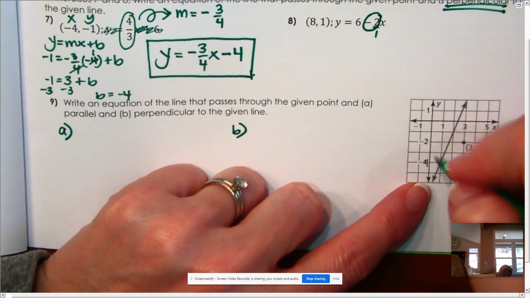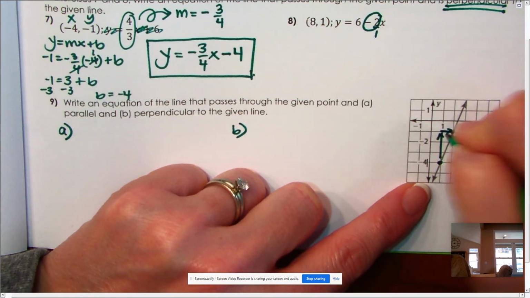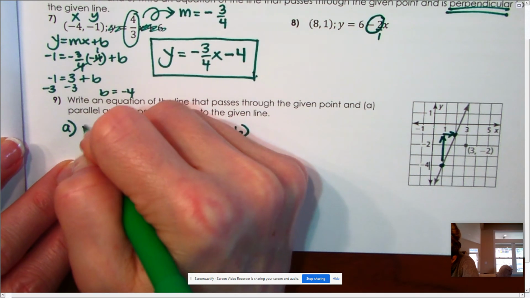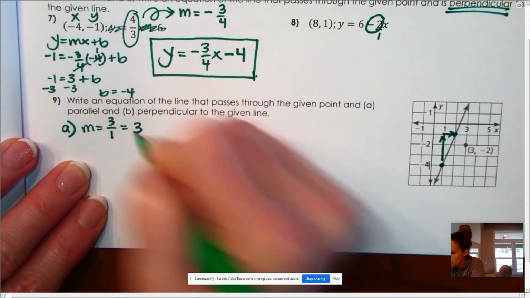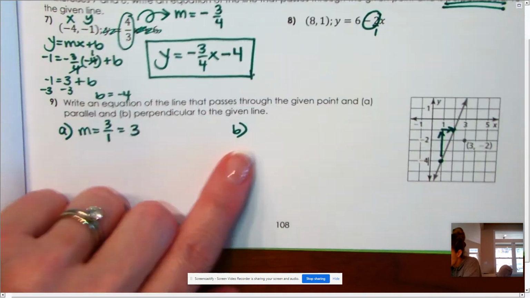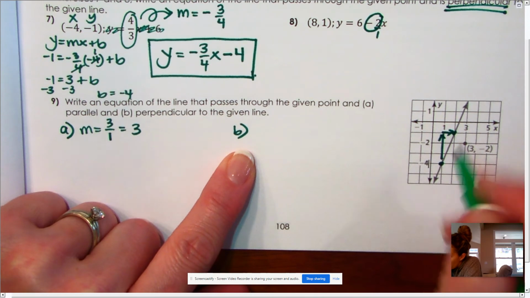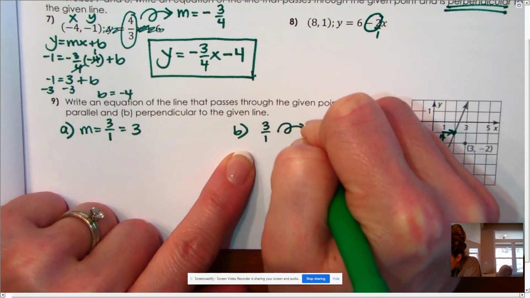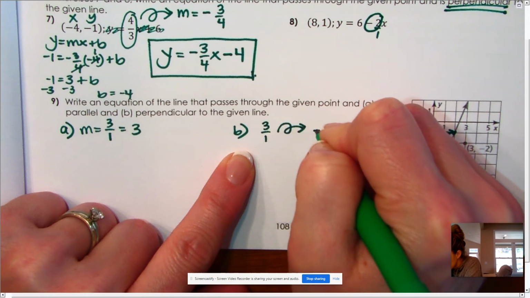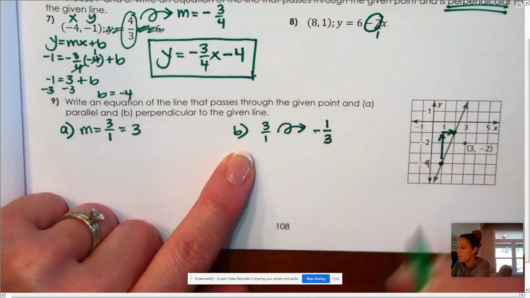Well, first I need to find the slope of the line. Okay, I went up by 3 and over by 1. So my slope is just 3. For this one, if I take the slope of this line, I have to do the opposite. So 3 over 1, and I need to flip it over and change the sign. So I'm going to have a -1 over 3.